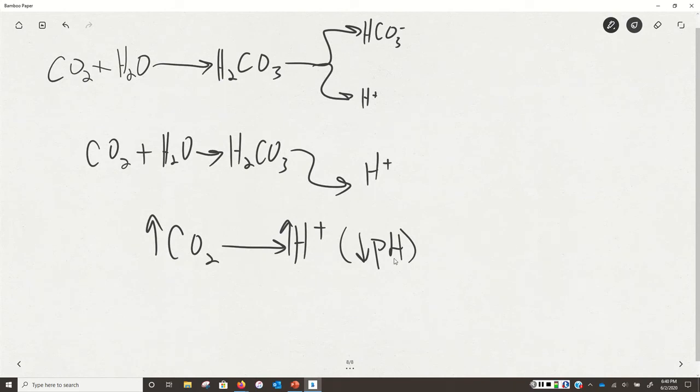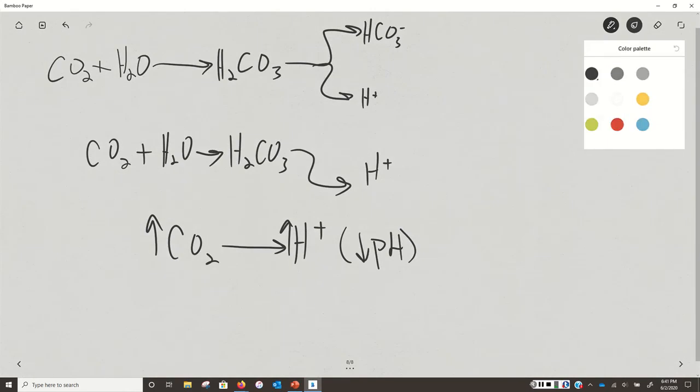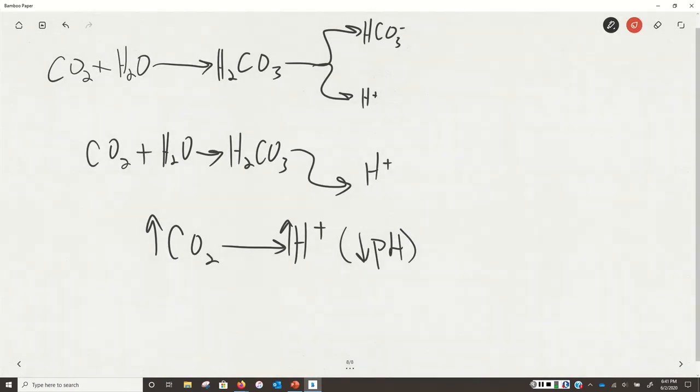And that's going to be a really, really important factor. As CO2 goes up, pH goes down. Or when CO2 goes down, pH goes up. Now, that is always the case. Whatever CO2 does, pH does the opposite. Now, I'm going to write something in red over here, and I ask you not to write it down because I don't want you to think that I'm writing something that is true.